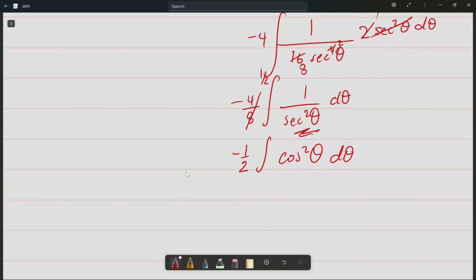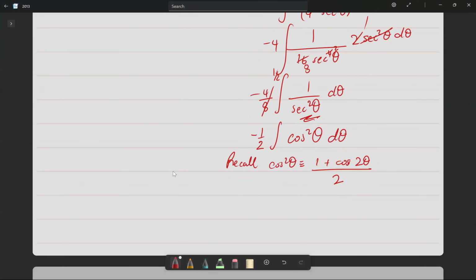Now, this is similar to earlier, where we can't integrate cosine squared, at least not easily. So we have to remember another identity, which is that, recall, cosine squared theta is identical to 1 plus cosine 2 theta all upon 2.